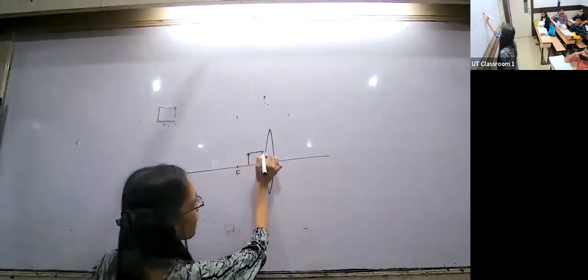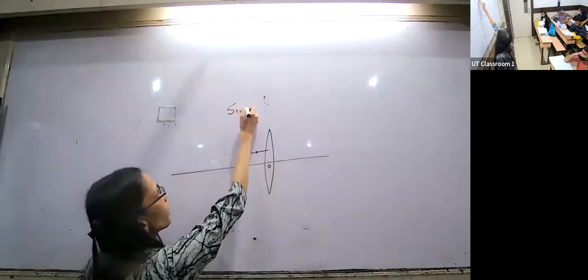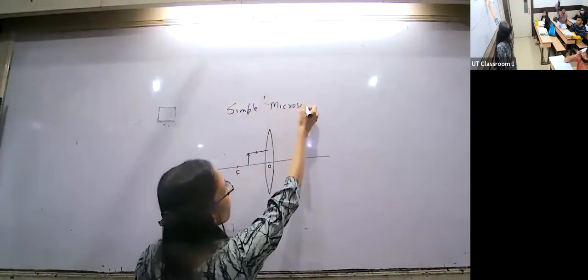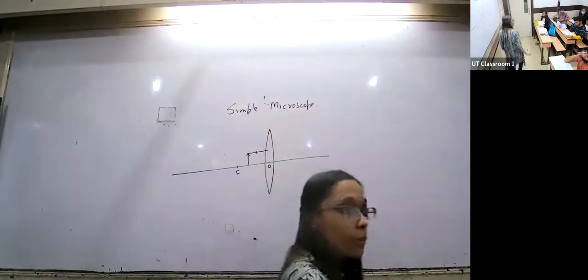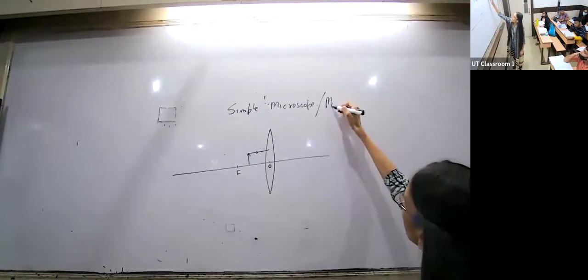So why am I redrawing this? Because this is the next part, which is the simple microscope, or not compound microscope, this is simple microscope, or magnifying glass.